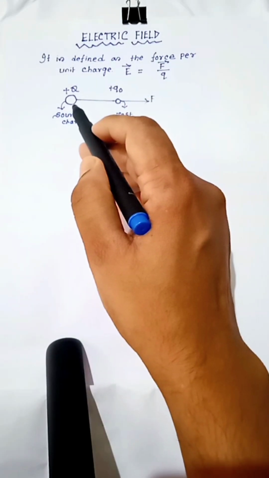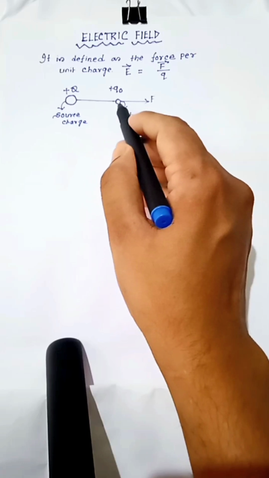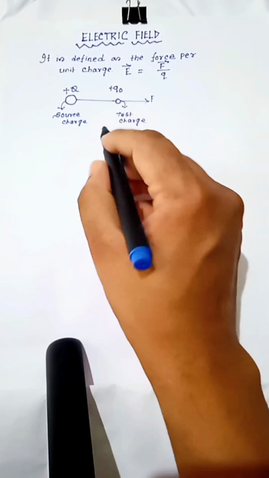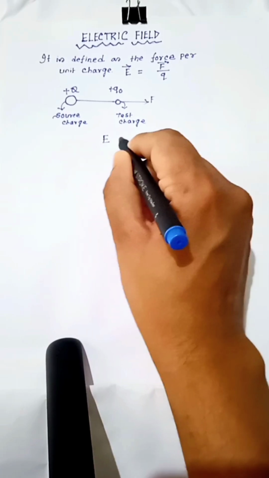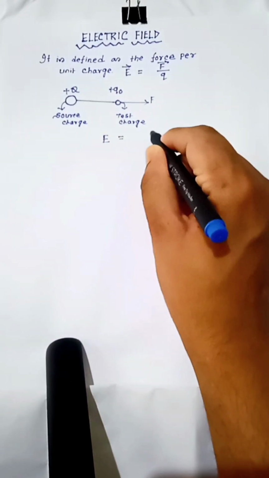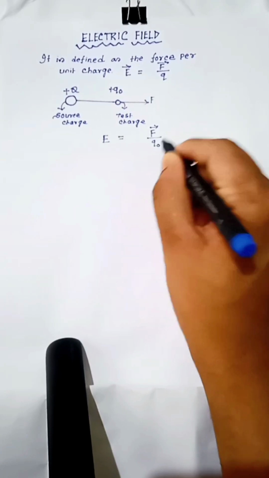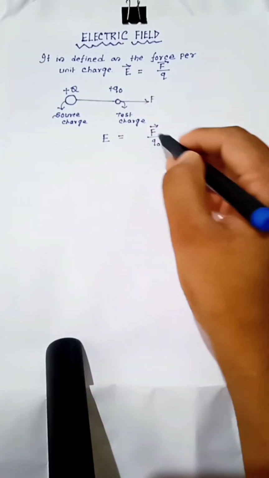So what will happen in this context? This test charge will experience a force, and we can write that electric field is equal to F by Q0, because this test charge is experiencing the force.